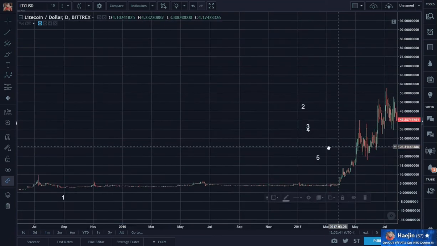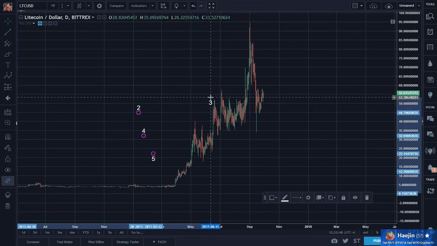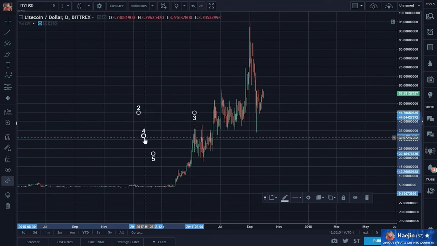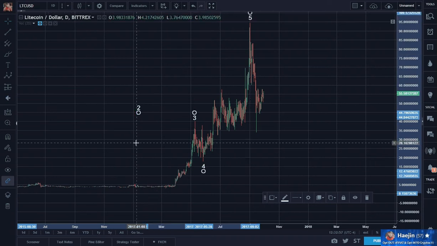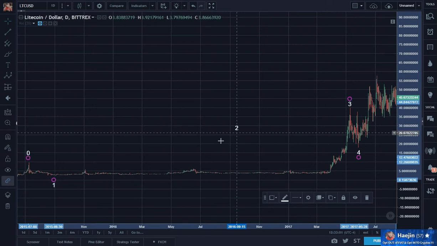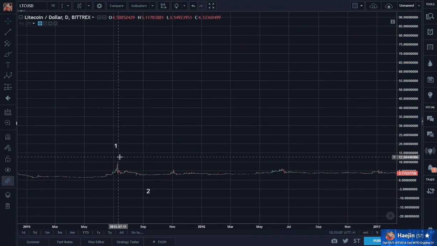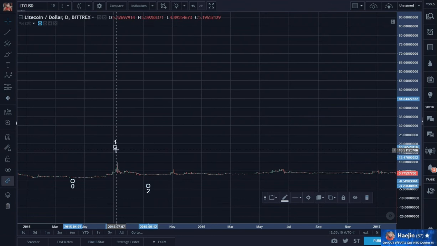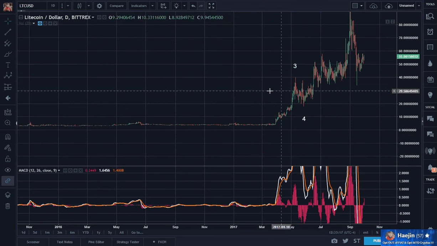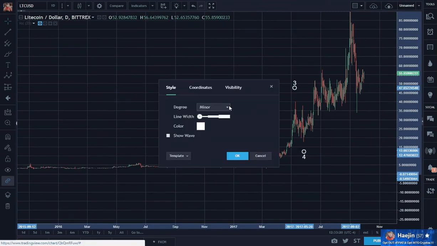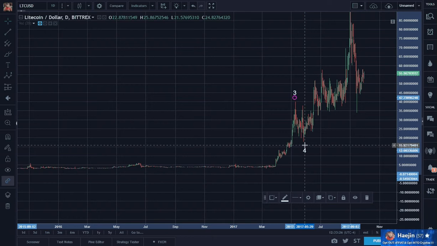I'm just going to put it here so I can place it later. 3, 4, 5. So it's at a minor scale, degree.